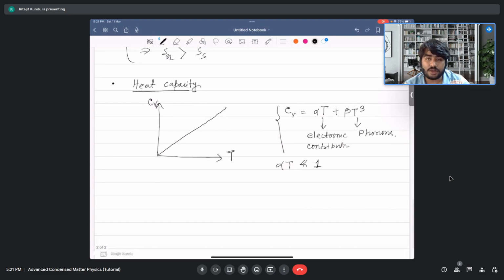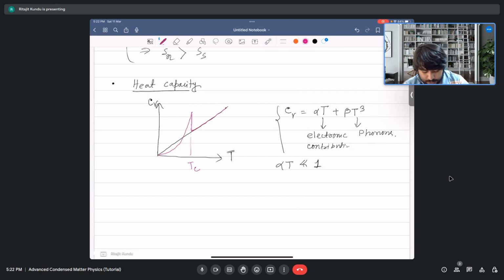But in superconductors, experimentally what we observe is that there is this TC, and below TC the behavior is something very bizarre. It grows somewhat exponentially up to TC, and then it suddenly drops to this straight line and then follows the normal metallic path.